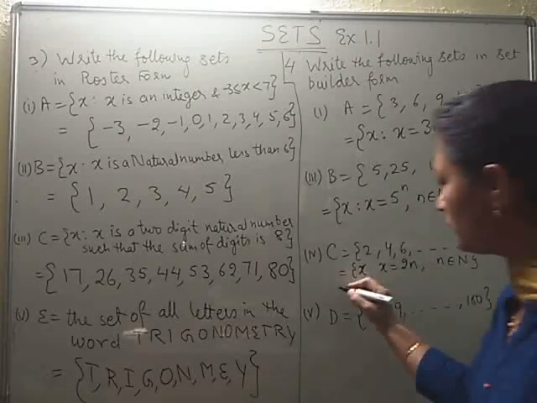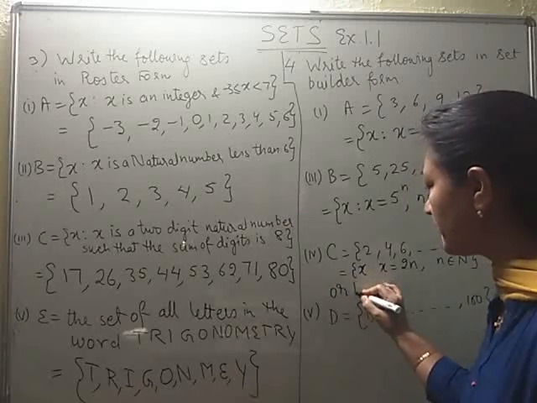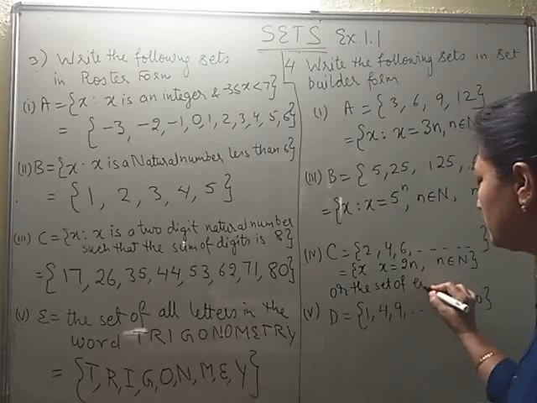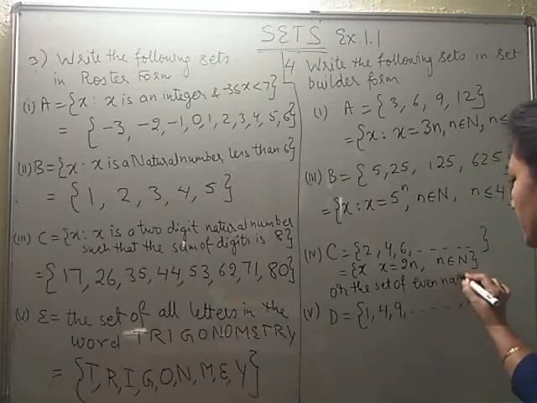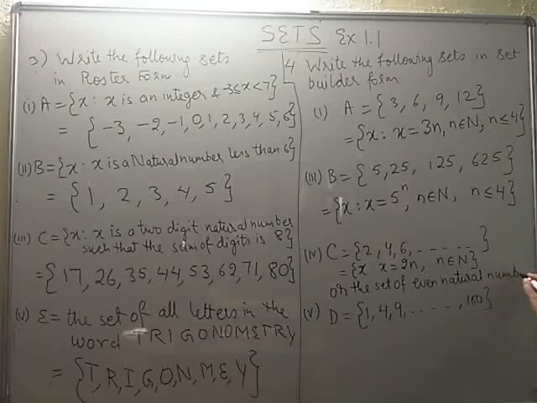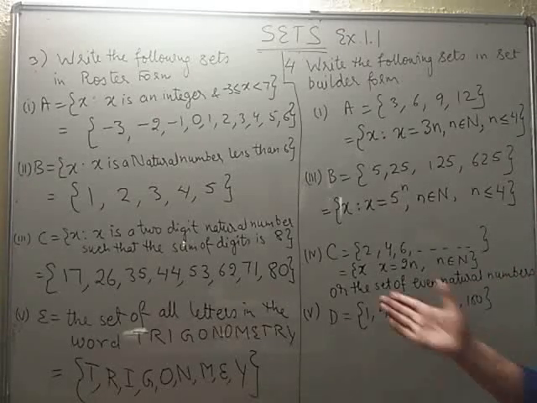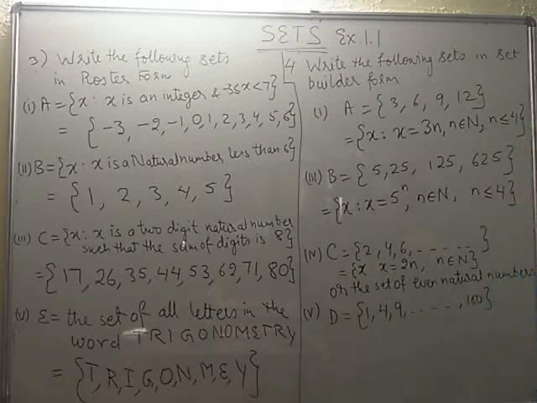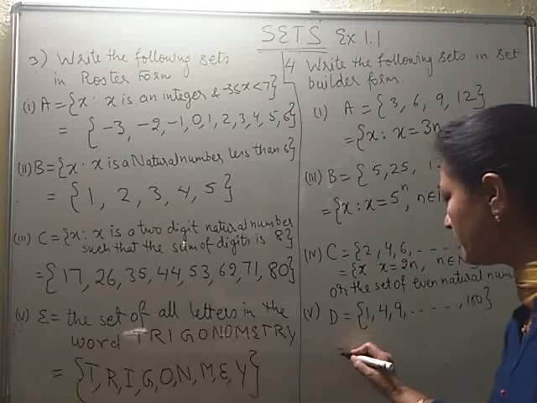Okay. Or we can even write it as the set of even natural numbers. That can also be written. Okay, we are using all the even natural numbers. So obviously it starts with 2. Okay, then see the last one.